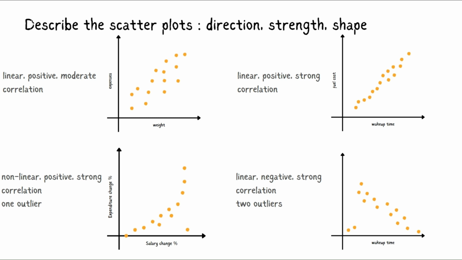And moreover, it also shows that there is one outlier. The lower right plot indicates a linear correlation, but this time it is negative because the direction of the points is decreasing, and it is also a strong correlation because the points are close to the imaginary line. It indicates the presence of two outlier points.